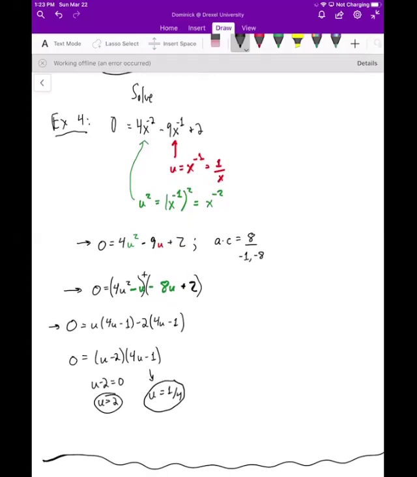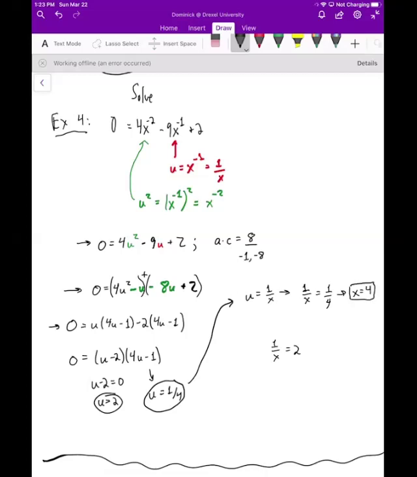Okay, so again, last but not least, u was equal to 1 over x. So we could say that 1 over x is equal to 1 over 4, and 1 over x is equal to 2. Now, if you cross multiply here, you'll get right away that x is equal to 4.